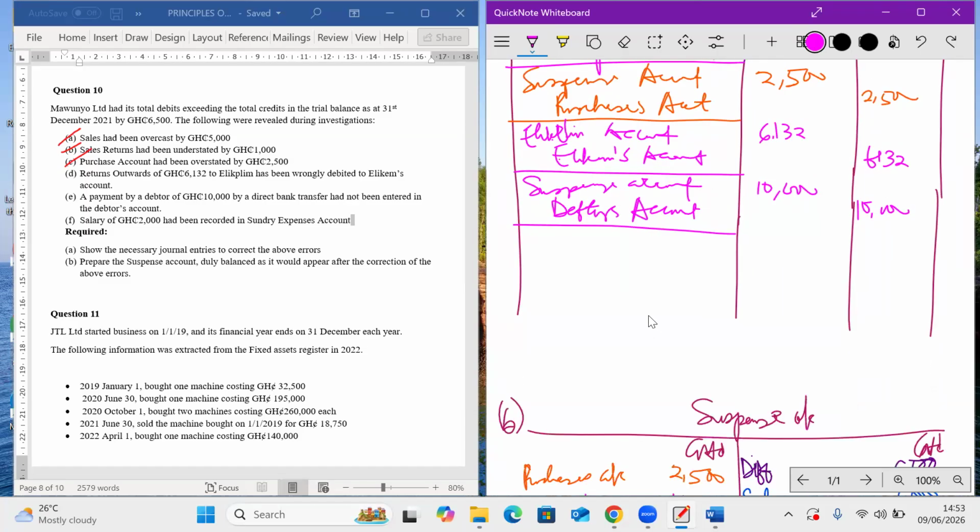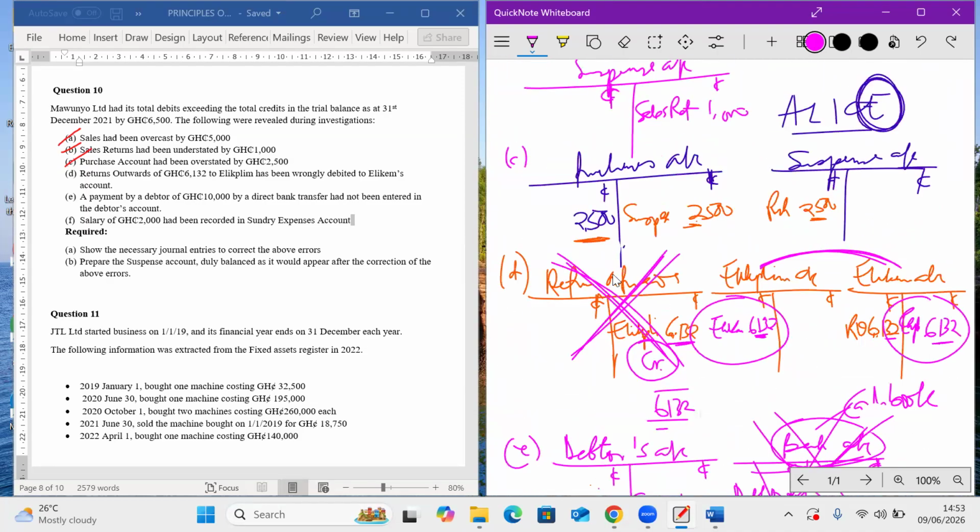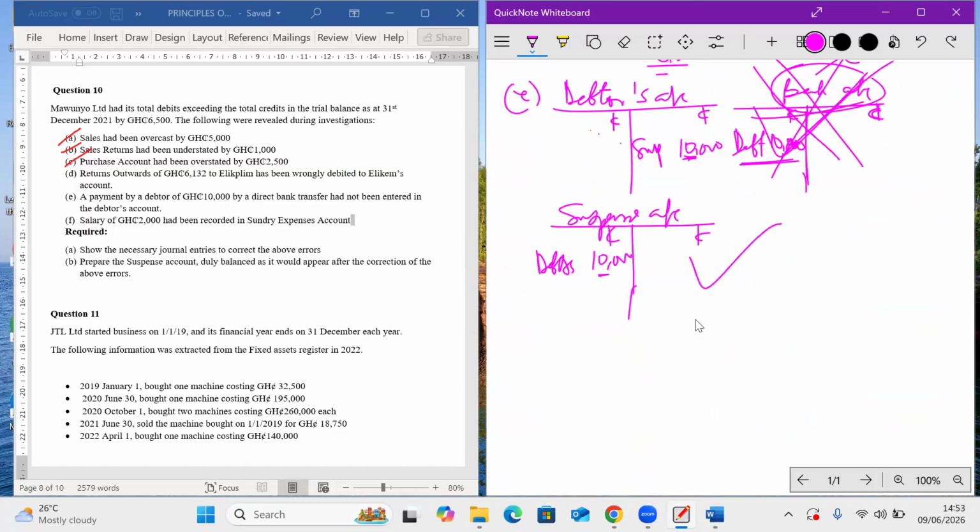Last one. Let's go to the last one, F. Read the transaction. Salary of 2,000 had been recorded in sundry expenses account.